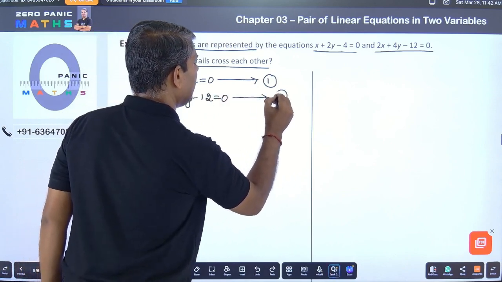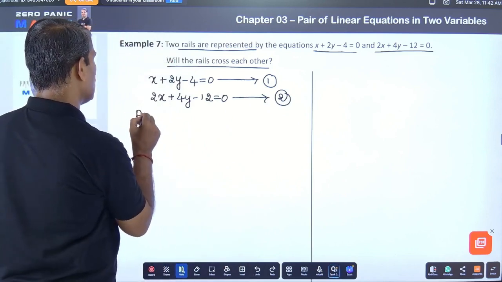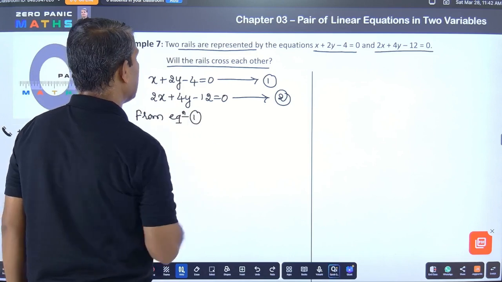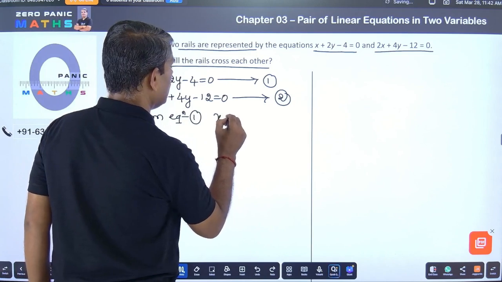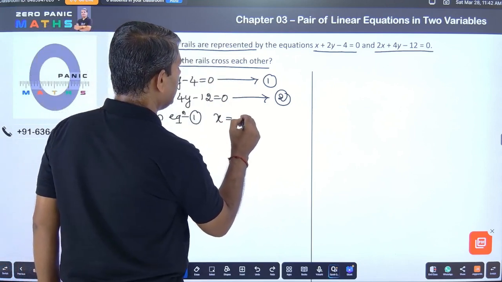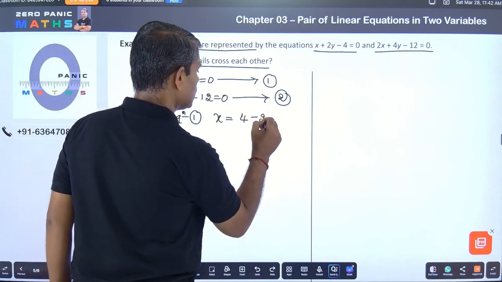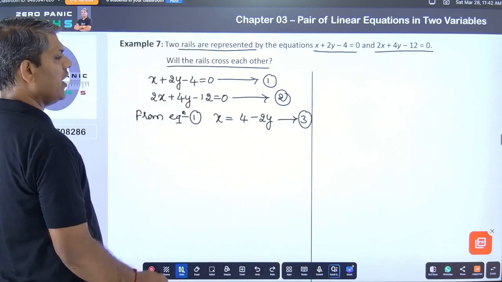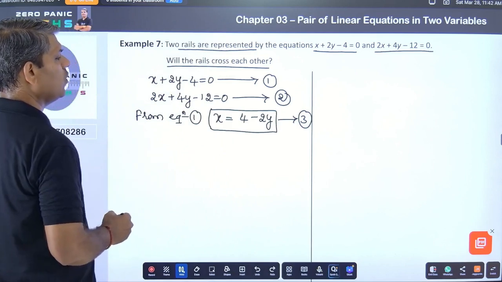Okay, let us quickly follow the first step of the substitution. From equation 1, since I have x as a single term, I will write x is equal to minus 4, I will take it to that side, that will become plus 4, and plus 2y will become minus 2y. Okay, let us call this equation 3. So I have defined x in terms of y by equation 1.